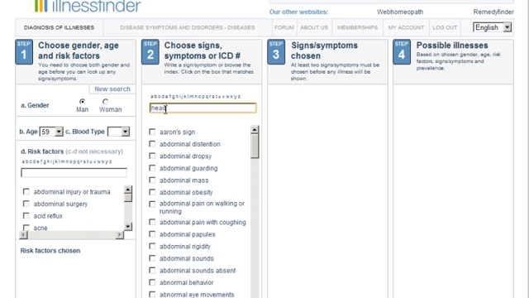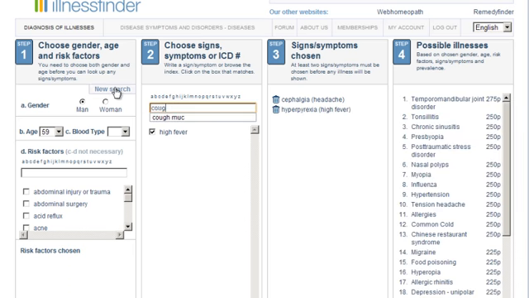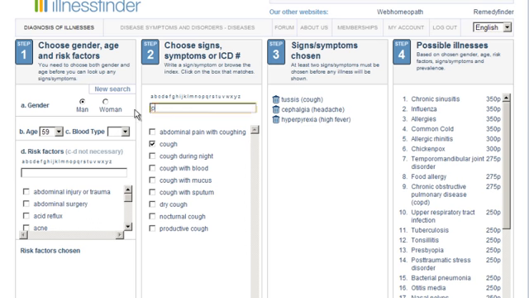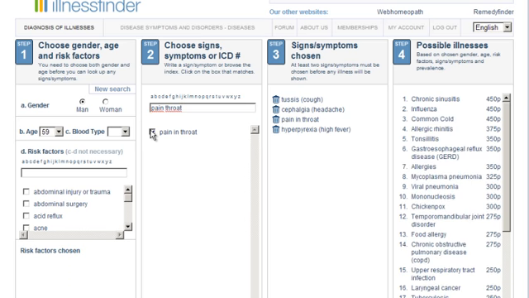So he had headache, high fever, cough, pain in throat, and his limbs were swollen as well.